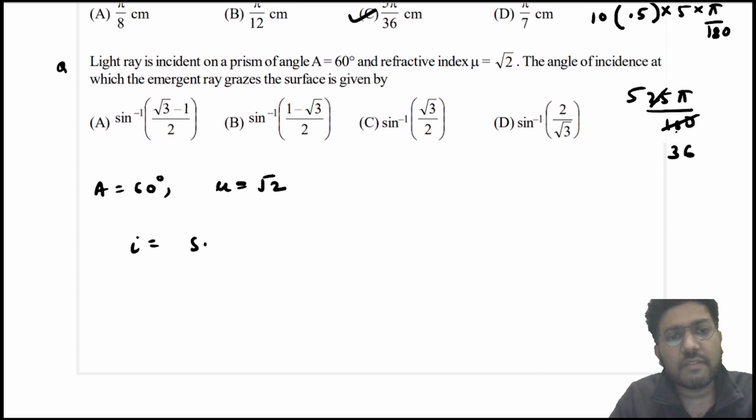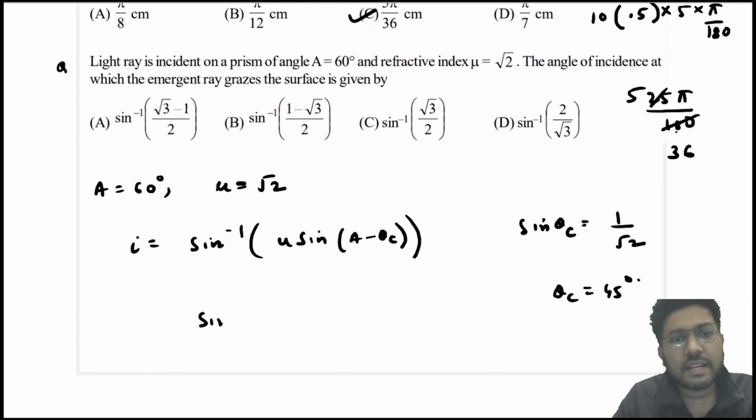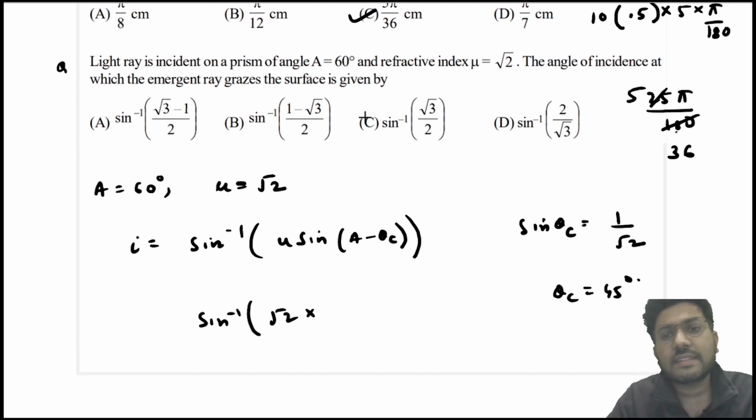You know that the value of i for which there is grazing emergence is sine inverse of mu sine of A minus theta C, right? And sine theta C is 1 by mu, where mu is given as root 2, that means theta C is 45 degree. So from here I will write sine inverse of mu, that is root 2, into sine of A minus theta C. A is 60 degree, theta C is 45 degree, so A minus theta C will be 15 degree, right?